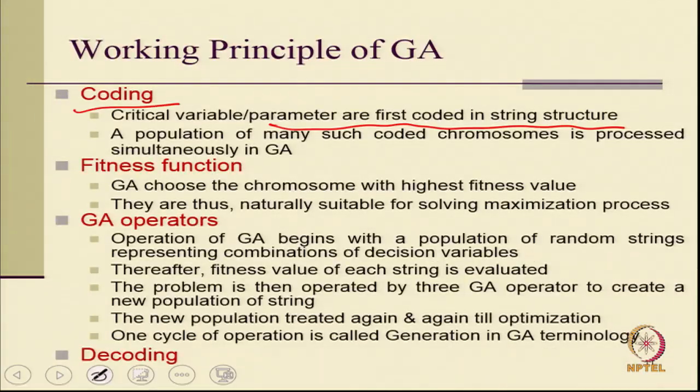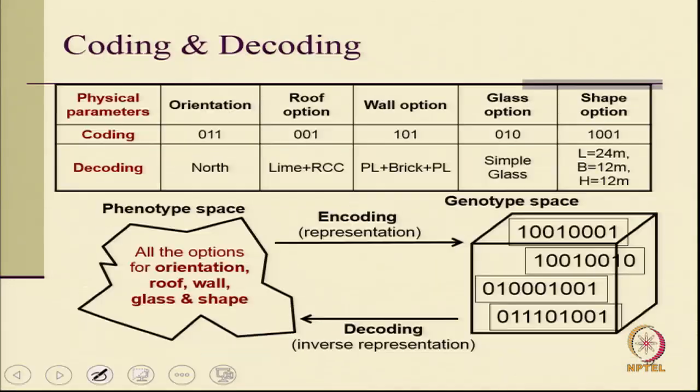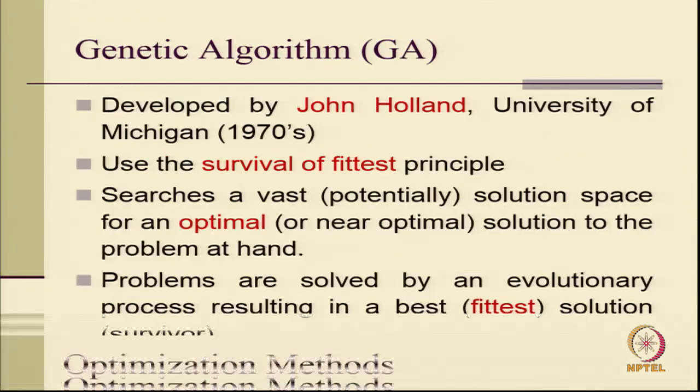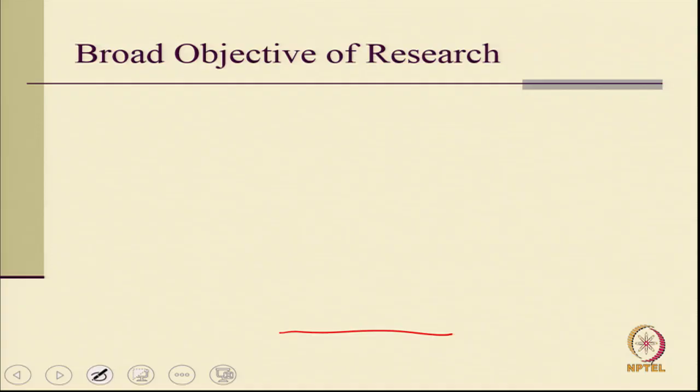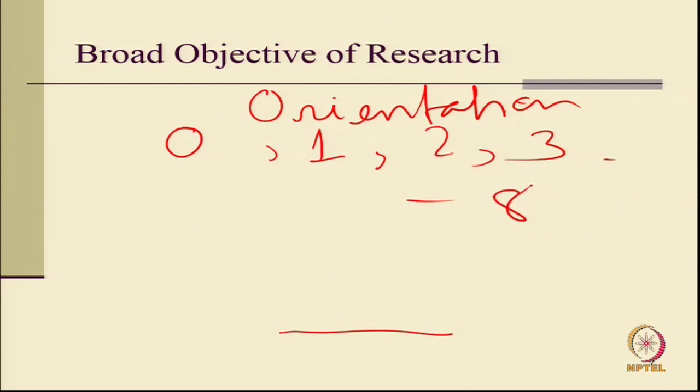Okay, I am trying to find a blank space. Somewhere I should be able to utilize the space. So, 8 orientations, let us say. I call them orientation 0, 1, 2, 3, up to 7. One of the simplest ways of doing the coding is in binary.